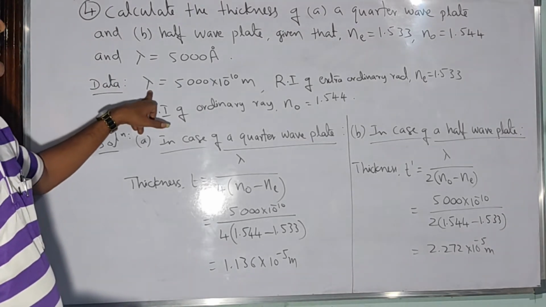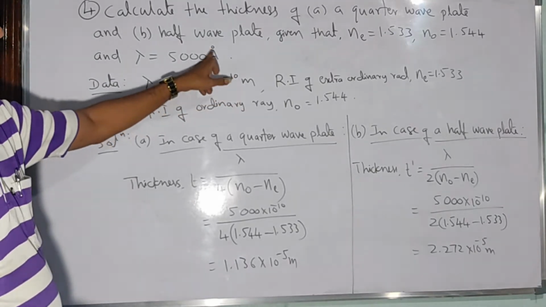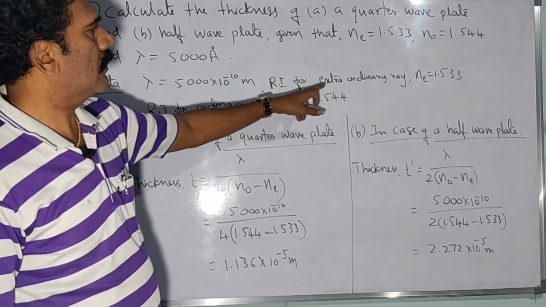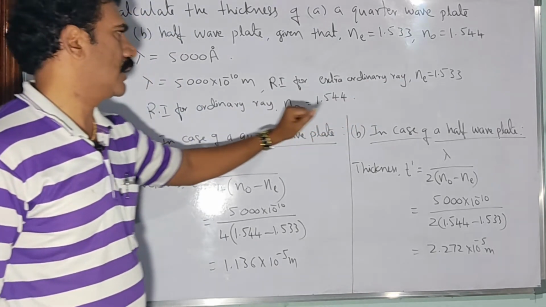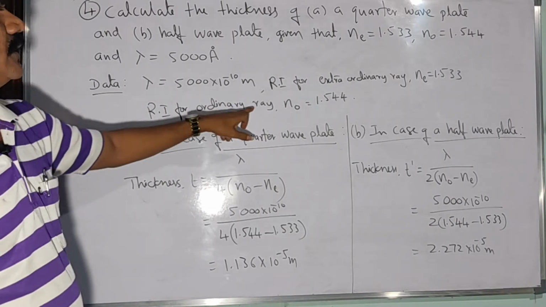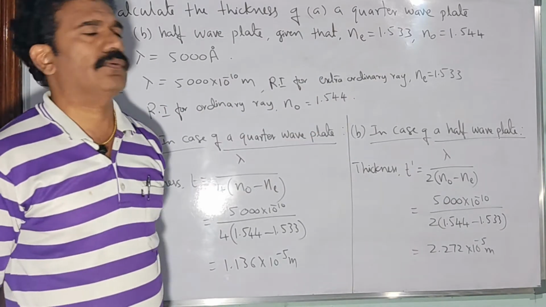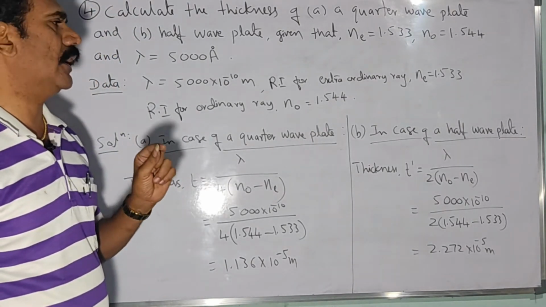Wavelength of the light is equal to 5000 into 10 to the power of minus 10 meter. Angstrom is 10 to the power of minus 10 meter. NE means the refractive index for extraordinary ray, that is NE is equal to 1.533, and similarly the refractive index for ordinary ray, that is NO, is equal to 1.544. With this given data, you have to find the thickness of quarter wave plate and half wave plate.